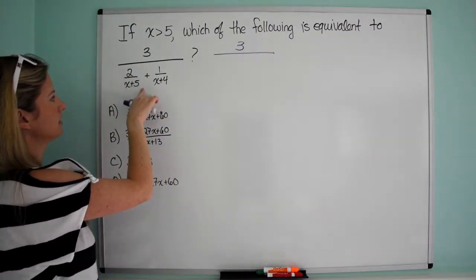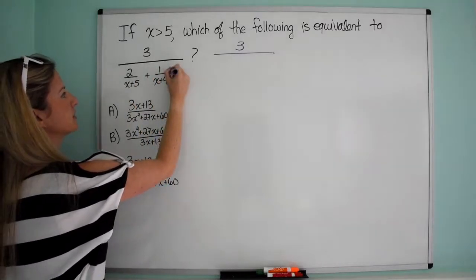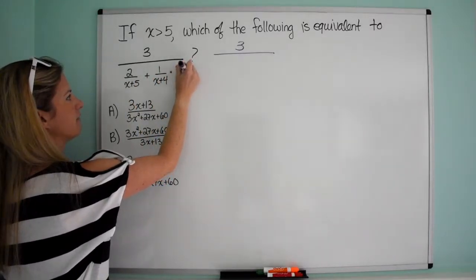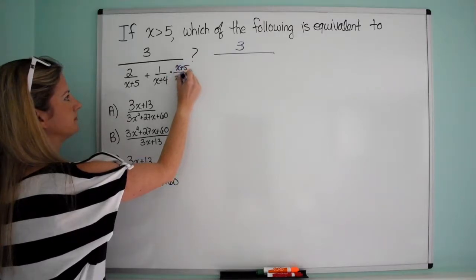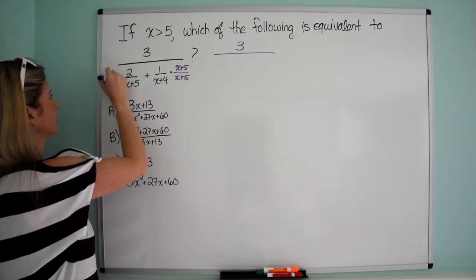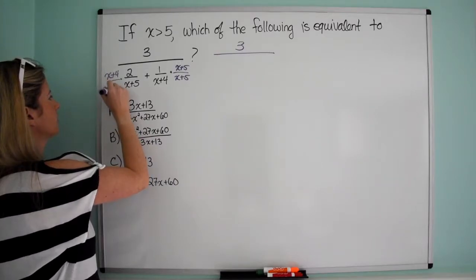If I want to get a common denominator, I'm going to multiply this by x plus 5 over x plus 5, and this by x plus 4 over x plus 4.